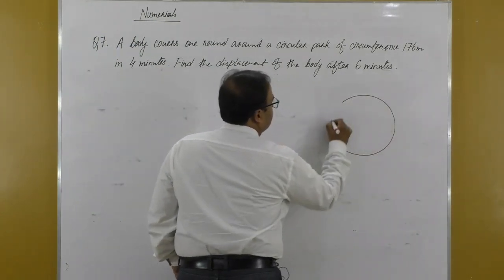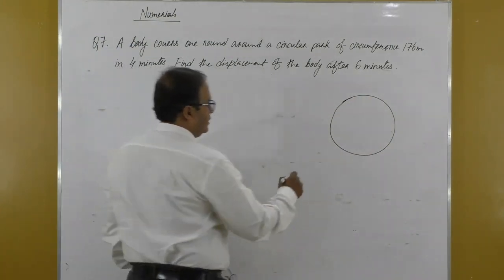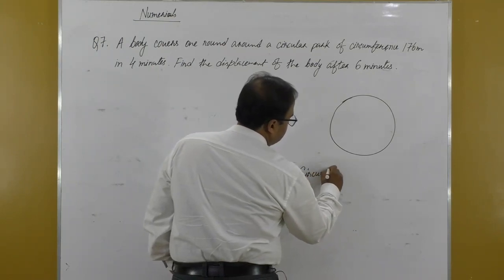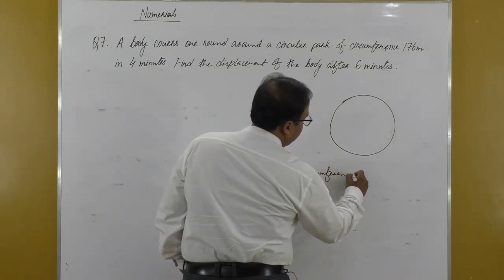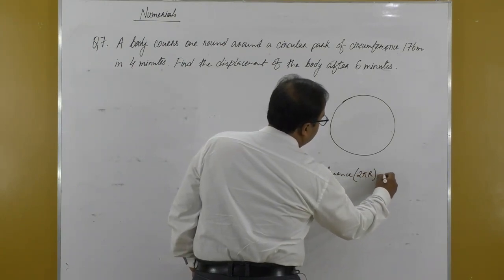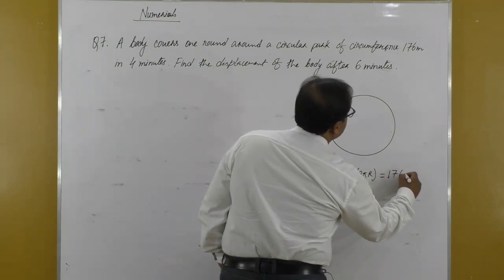Circular park, its circumference is given. We know the formula of circumference, 2 pi r, and the circumference given here is 176 meter.